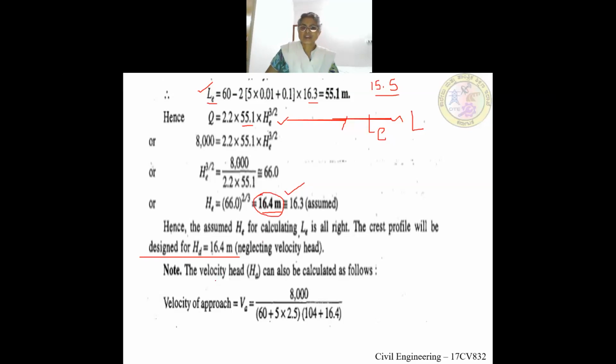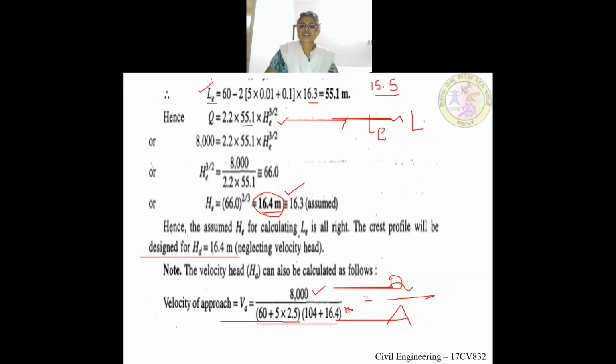The velocity head HA can be calculated as VA equal to Q, the discharge, divided by the area over which the discharge takes place. Q is 8000, given. Area: there are 60 clear spans plus 5 piers, with a width of each pier of 2.5, and this is the length into height. 104 is the height of the spillway plus 16.4 is HE, the total height.